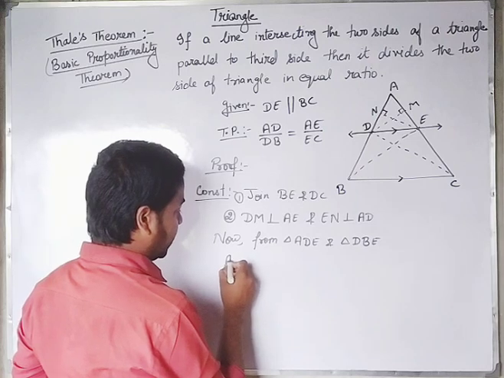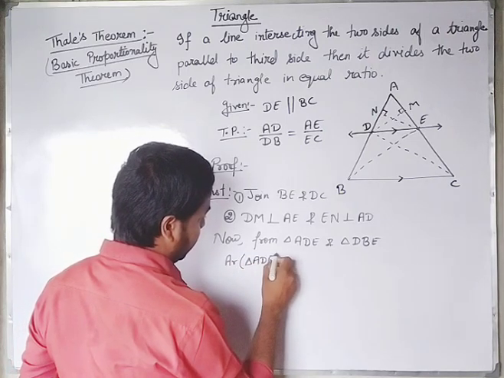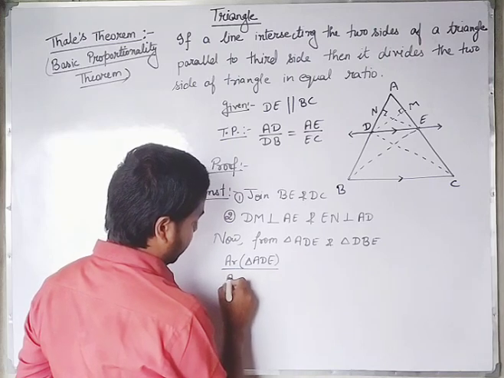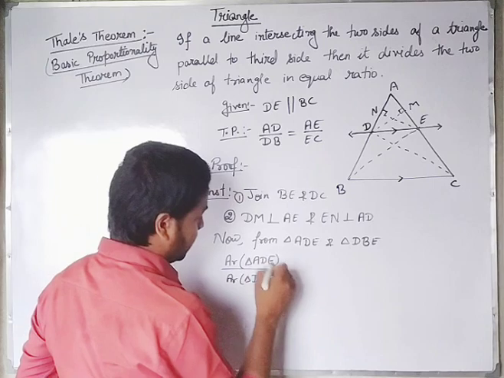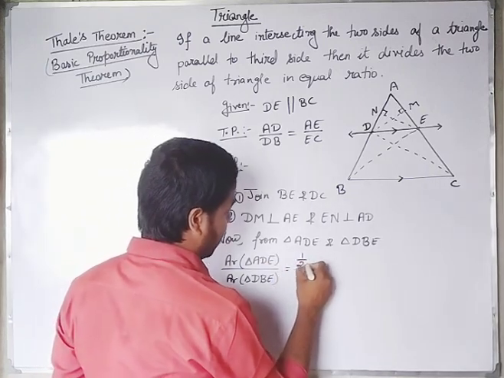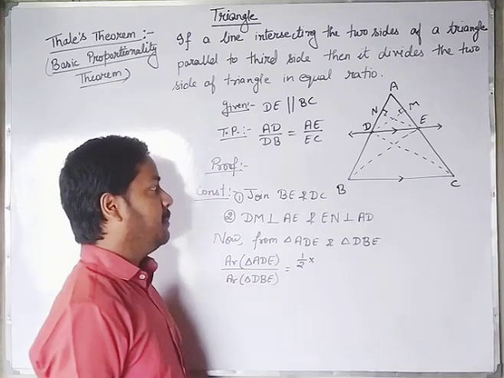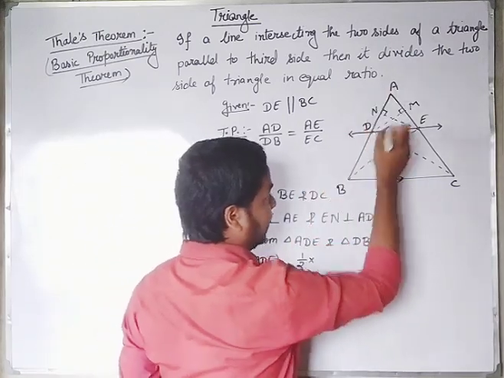Now we will take the ratio. Area of triangle ADE divided by area of triangle DBE. How will we get the area? We know it very well. Half into base. Base here, just see the triangle ADE.